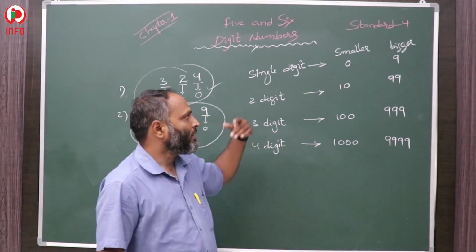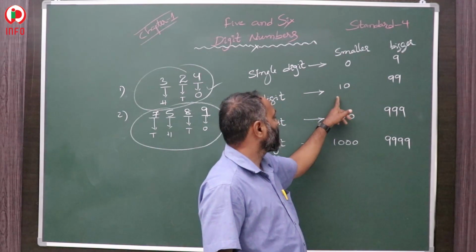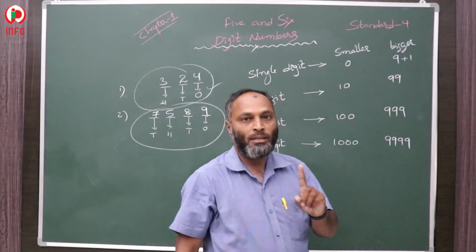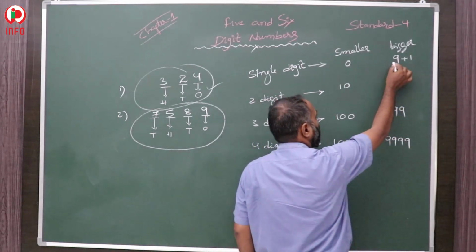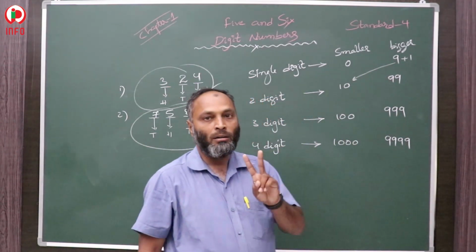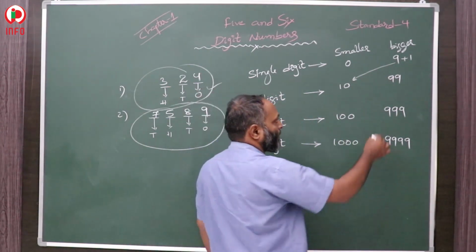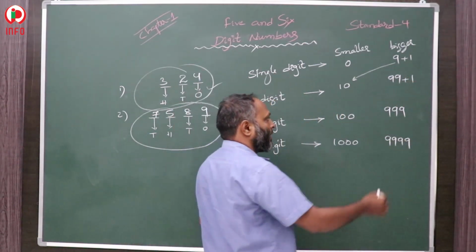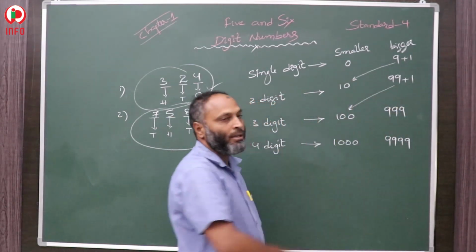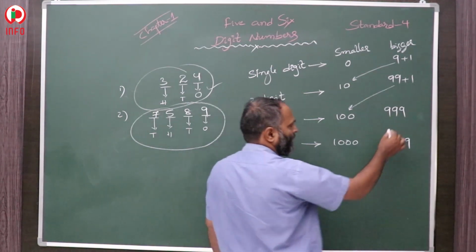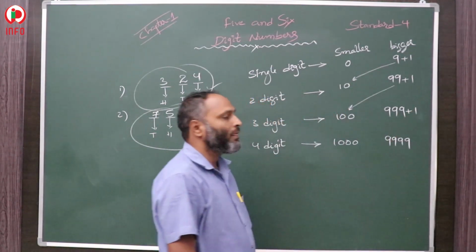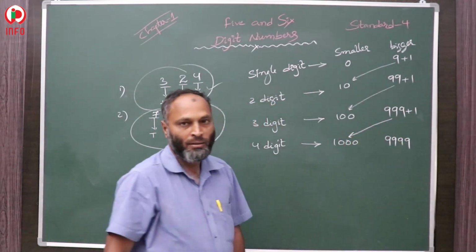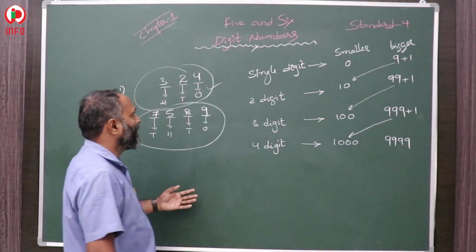If we add 1 to the single digit bigger number, we get the smaller 2 digit number. In the same way, if we add 1 to the 2 digit bigger number, we get the 3 digit smaller number. And if we add 1 to the 3 digit greater number, we get the 4 digit smaller number.